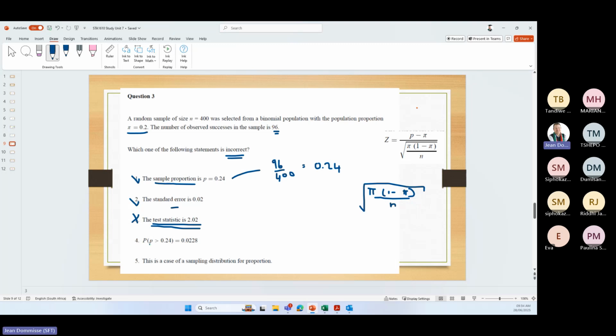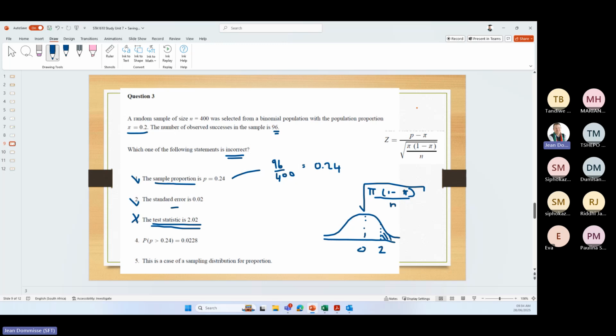Then what is the probability that the proportion is bigger than 0,24? So we know that Z is 2.